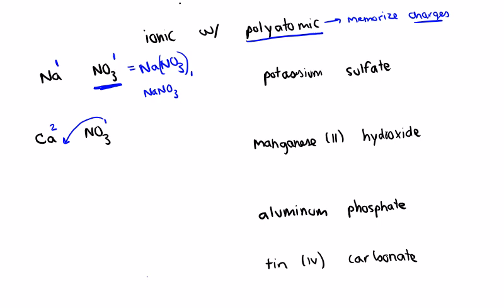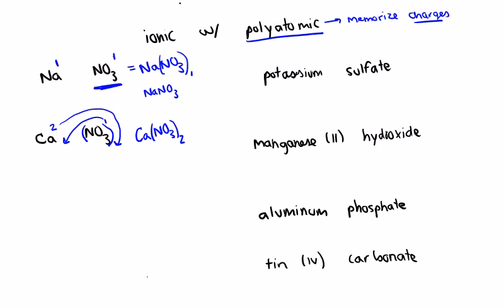What we're going to do instead is put these polyatomic ions in parentheses so that we can represent that we have 2 of them. So the correct way to write this is Ca(NO3)2. Again, this 2 is distributed to everything within the parentheses, and only the parentheses. It tells us where to stop.